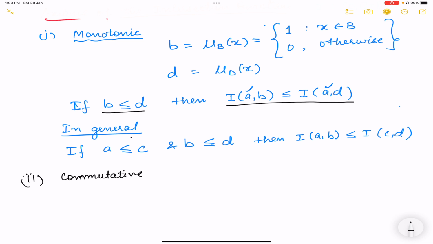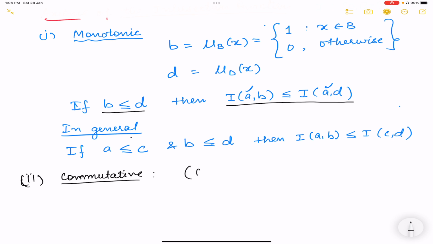Students, this is the same as we studied in algebra, the commutative property. What does this say? Let us understand what was there in commutativity in classical.